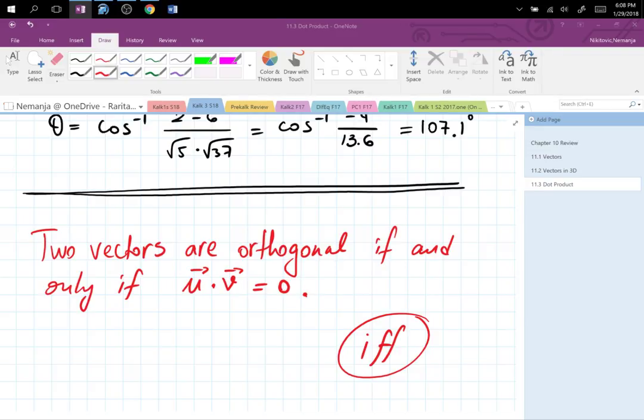The wording implies both ways. You can start with the dot product being equal to 0, in which case the two vectors are orthogonal, or you have two orthogonal vectors, which means the dot product will be 0. Not everything in mathematics works backwards like that.